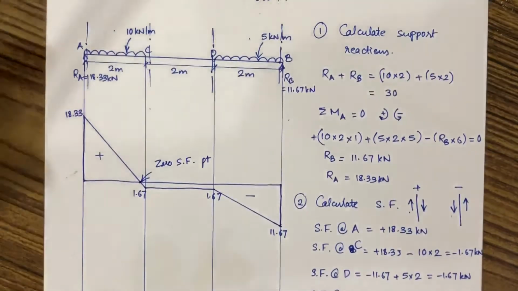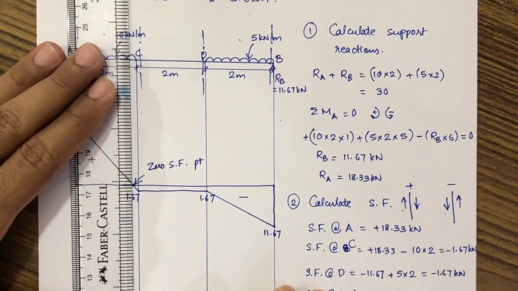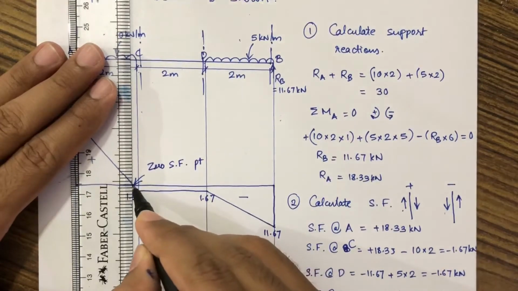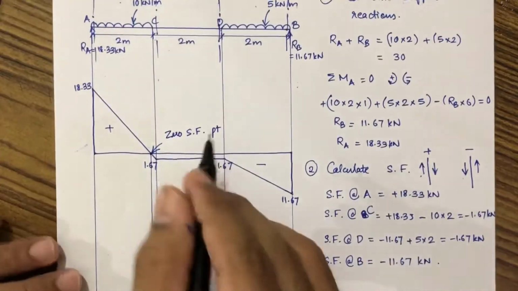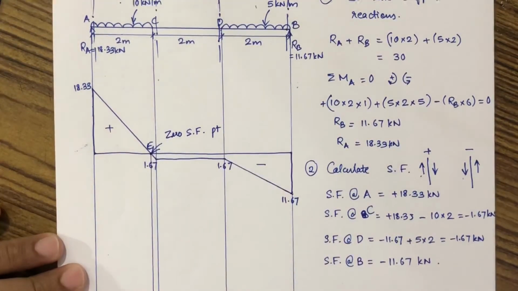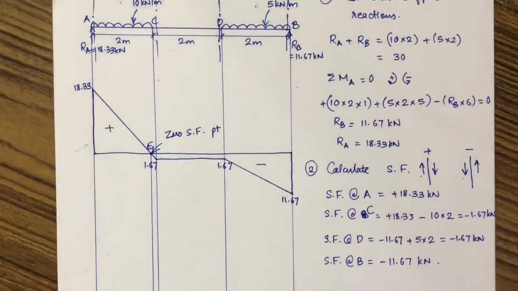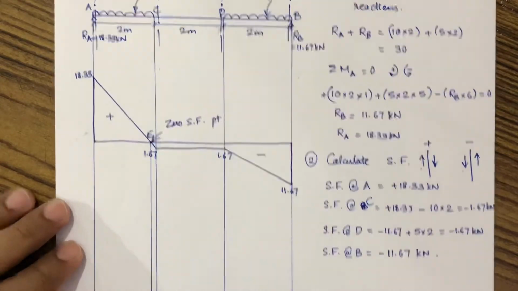Okay, so let us take this point and let us also project it downwards, and let this point be point E. So point E is the 0 shear force point.